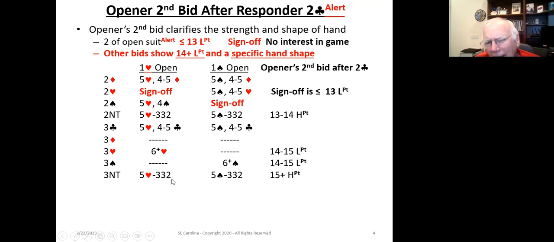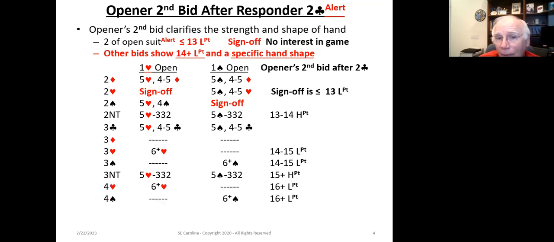When you have a flat hand, you don't have a lot of roughing ability. So many times you can make 3 no trump when you can't make 4 hearts or 4 spades, or if you can make 4 hearts or 4 spades, you can also make 4 no trump. And if you're playing duplicate, that gets you 10 more points and a better score.